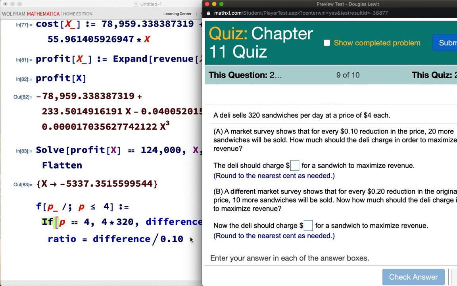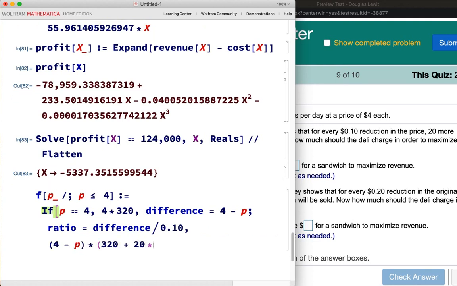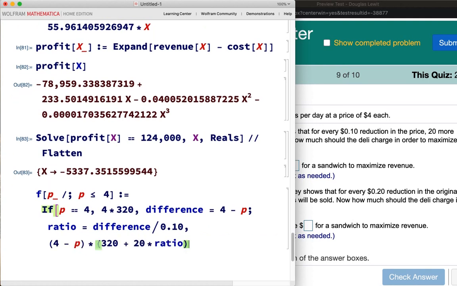Okay, so if I decrease the price of the sandwich to $3.90, then the ratio will be 10 cents divided by 10 cents, which is 1, and then I would have 4 minus P times 320 plus 20 times the ratio.